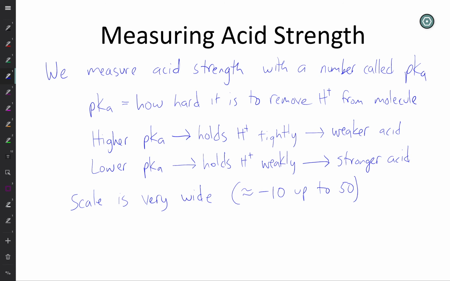And I think that's good enough for one day. Next time we'll start talking about what makes one acid stronger than another. And we'll talk about how the strength of bases relates to the strength of acids, etc. Questions before we quit? All right.